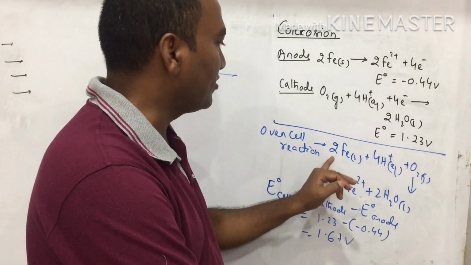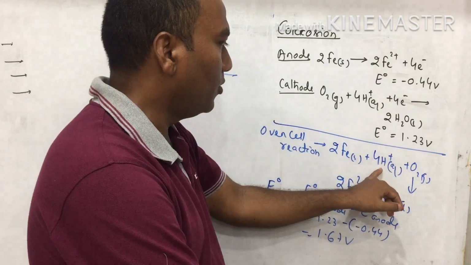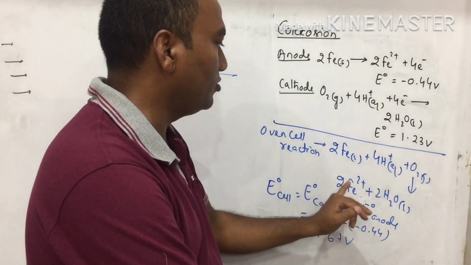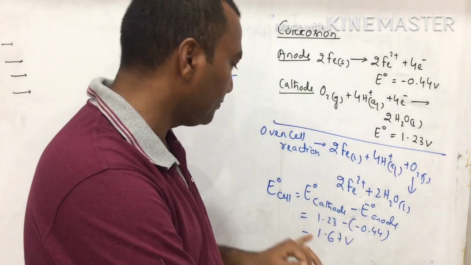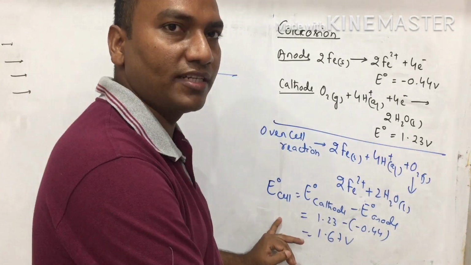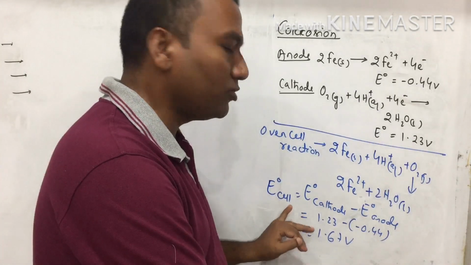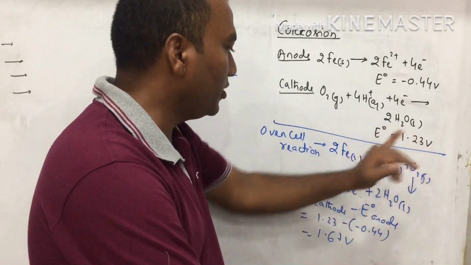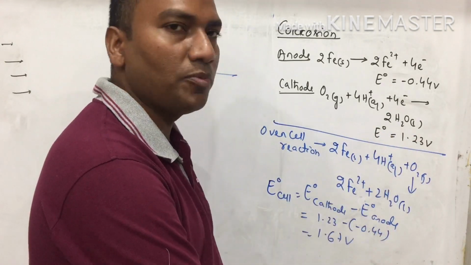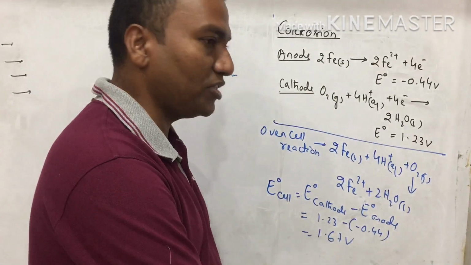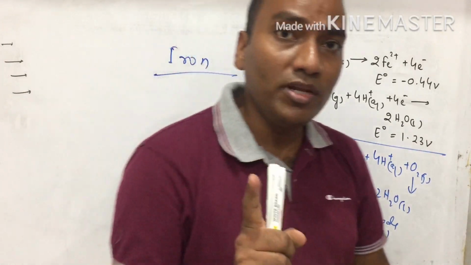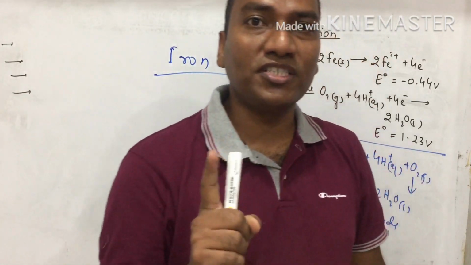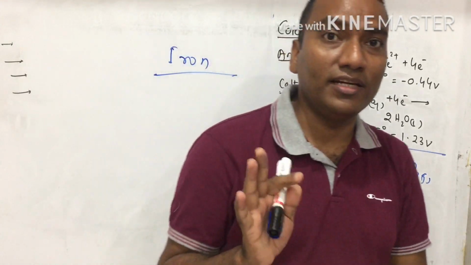So the overall cell reaction is 2Fe plus 4H+ plus O2 gas giving 2Fe2+ plus water. Main part is its cell potential: E cell equals E cathode minus E anode. Cathode is 1.23, anode is minus 0.44, so it is 1.67 volt. That means during corrosion 1.67 volt potential is developed.